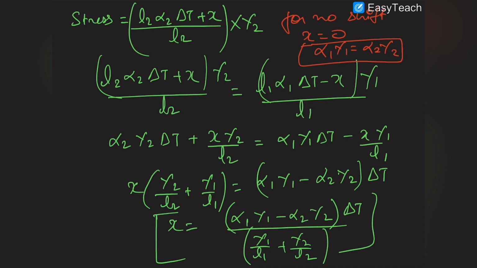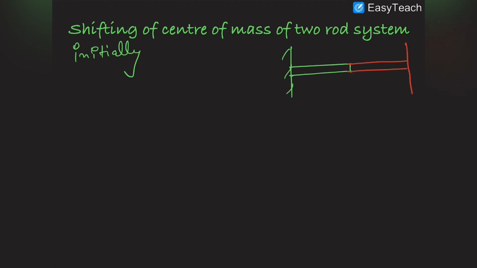Now let us discuss the shift in the center of mass of this system. If we draw the diagram, let us suppose this is the origin, x equal to 0.